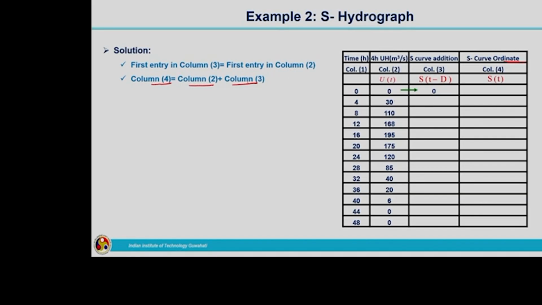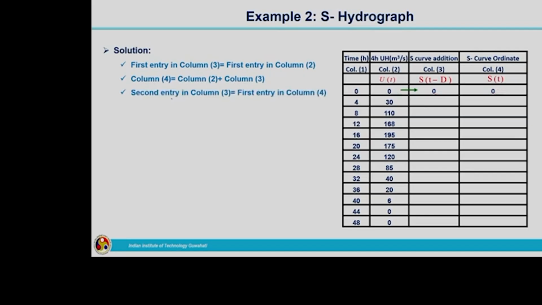What is our column 2? Column 2 is the unit hydrograph ordinate and column 3 is the S curve addition. If we add them, we will get the ordinate corresponding to S(t). So, in the case of time t equal to 0, the ordinates of the unit hydrograph and the S hydrograph are 0.